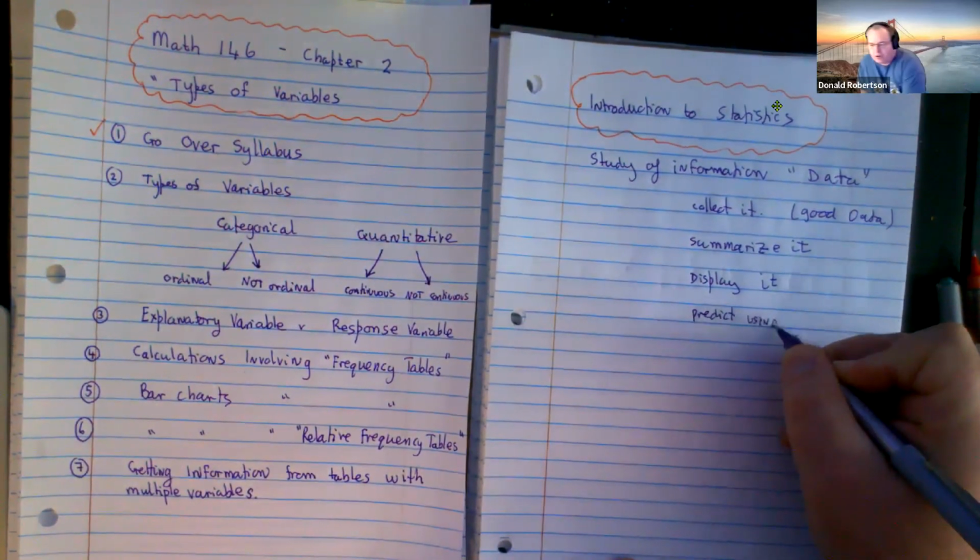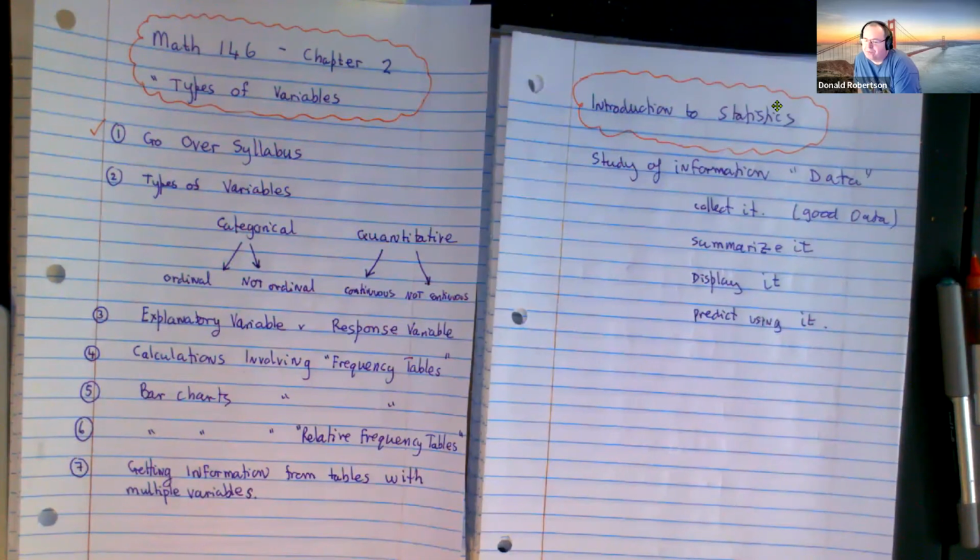And then sometimes we predict things using it. An example of data that I would do that with: imagine I was interested in the average age of every student at OC. For some reason, I just want to get a feel for how old we are, right? Well, I could ask everybody what their age is, right?